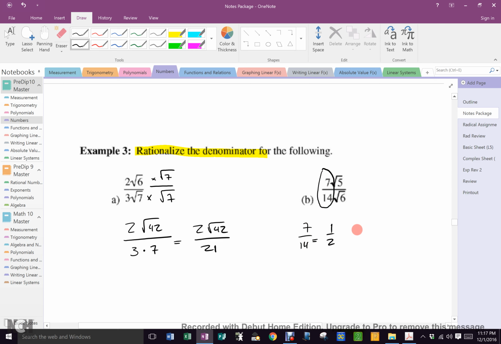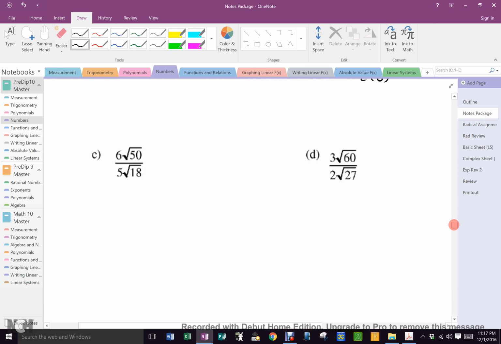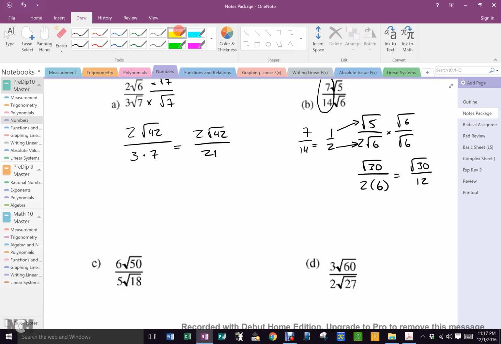So what I really have here is root 5, because there's the 1, over 2 root 6. There's the 2. This is ugly, so I got to multiply by root 6 over root 6 to get root 30 over 2 times 6, because root 6 times root 6 is 6, which is root 30 over 12. And root 30 doesn't simplify. So that's where we stop.